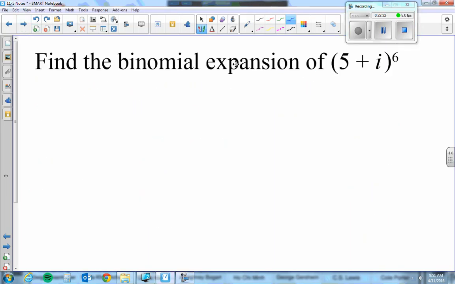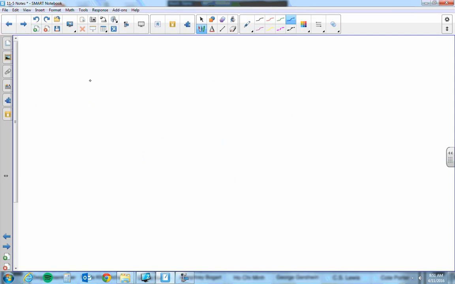All right, we're on the new note sheet again. And before we start this, let's talk about i to the power. There's a pattern to it. I've shown this before. i squared is negative 1. If you multiply that by another i, you get negative i.